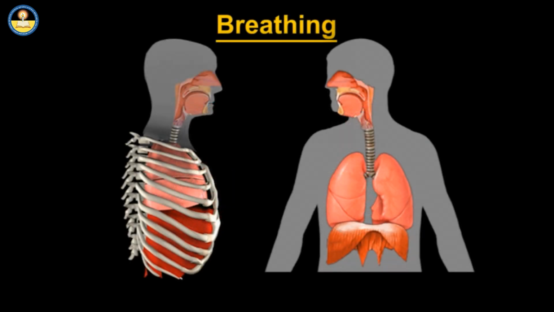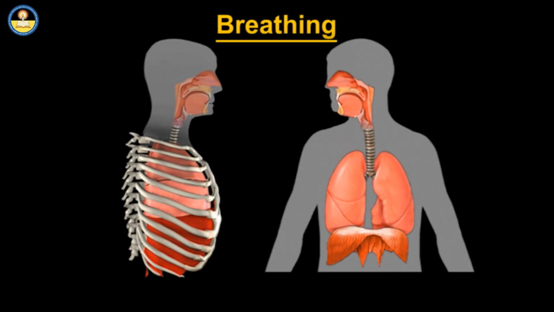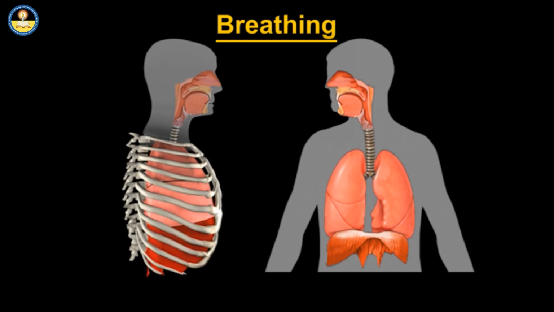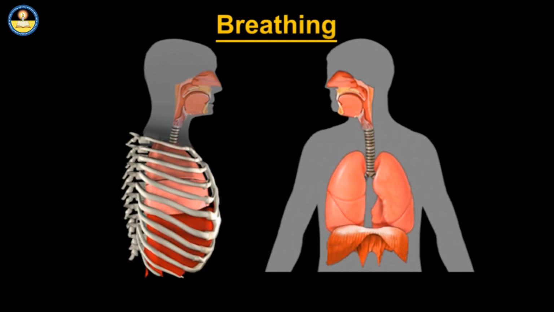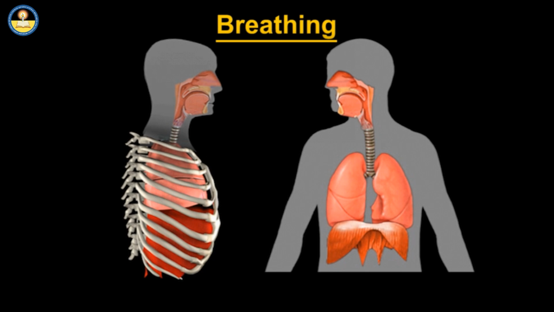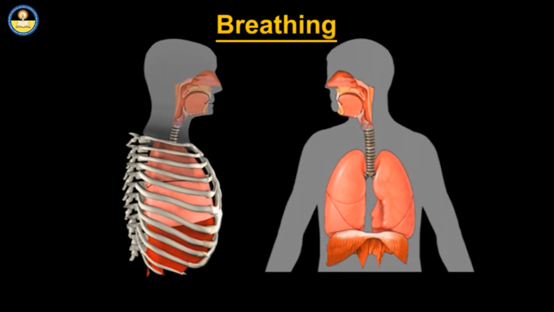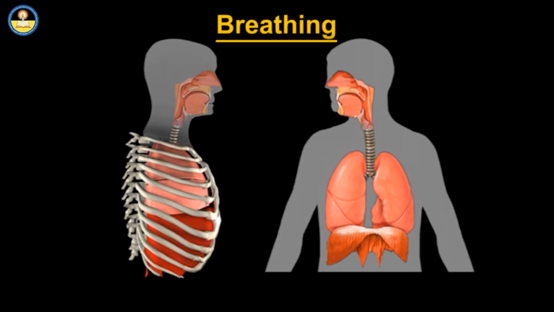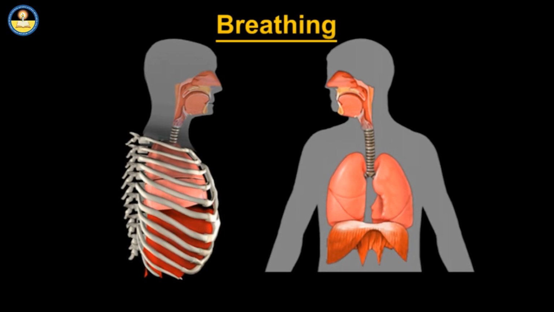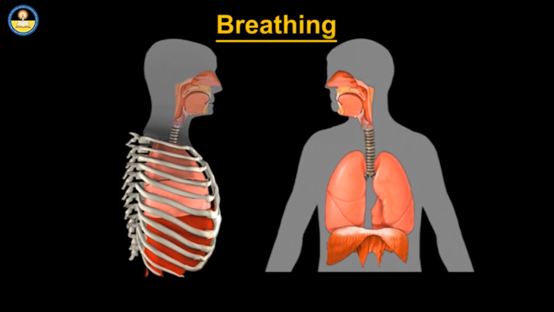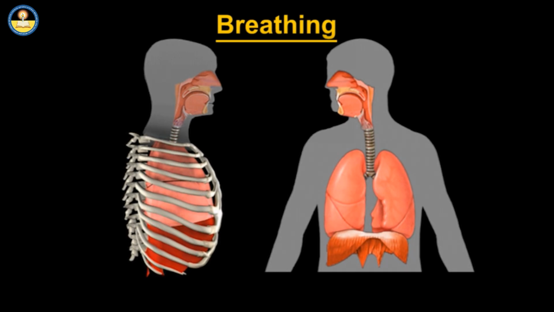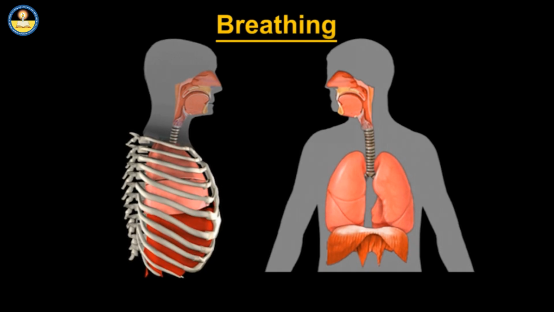The goal of breathing is to deliver oxygen to the body and to take away carbon dioxide. Thus, breathing consists of two processes: inhalation and exhalation. Breathing is an involuntary action, but its rate is controlled by the respiratory center in the brain.